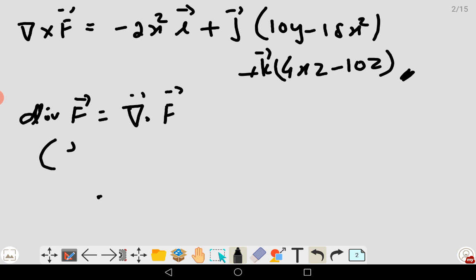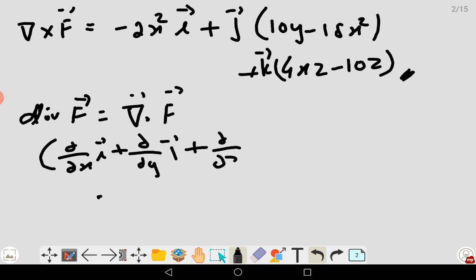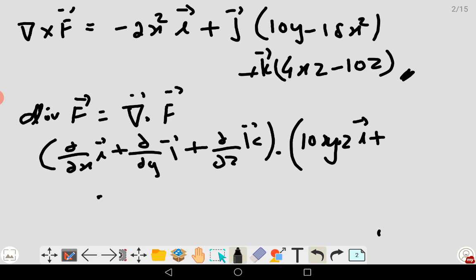Del is ∂/∂x i plus ∂/∂y j plus ∂/∂z k, dot product with f. f is given as 10yz i plus 2x²z j plus 6x³ k.